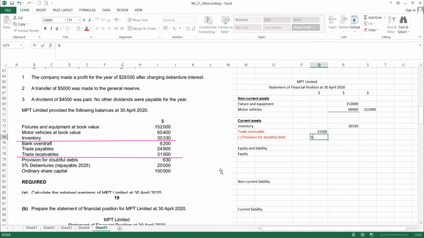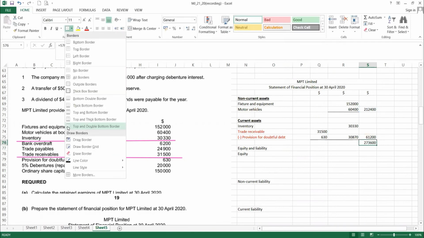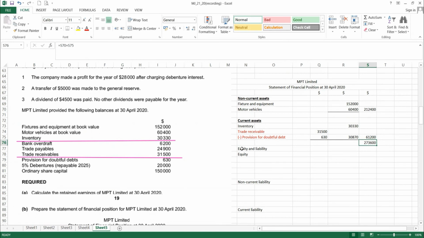Provision for doubtful debt 630. Okay, now take the net amount, put into the second column. Okay, and then add these two together. So you get the subtotal, total asset. So this is our total asset. Accounting equation concept: asset equals capital plus the liability.